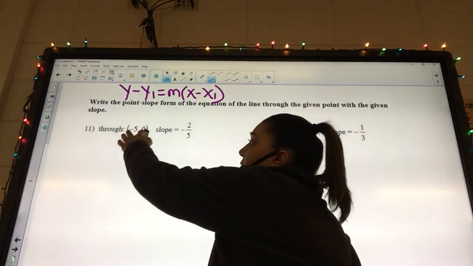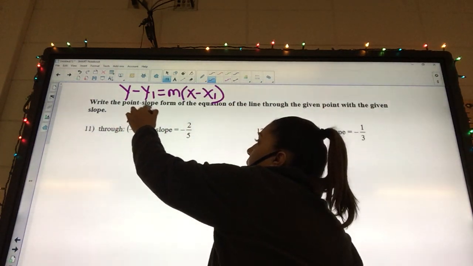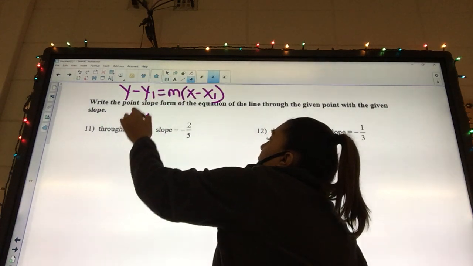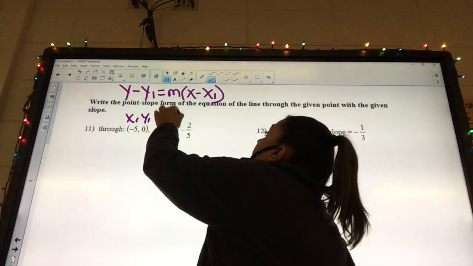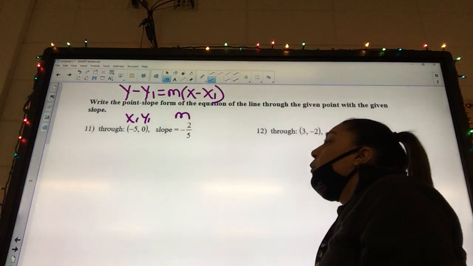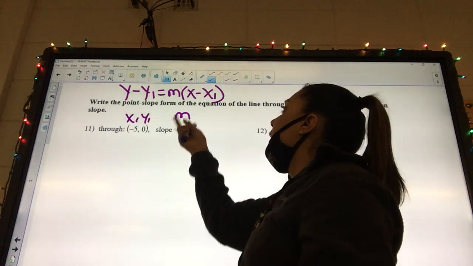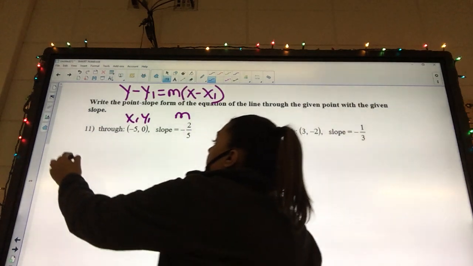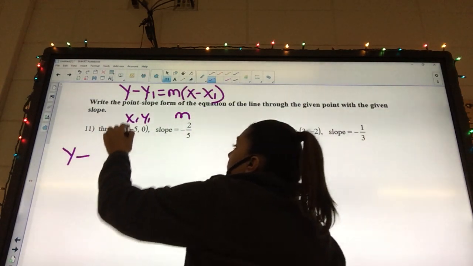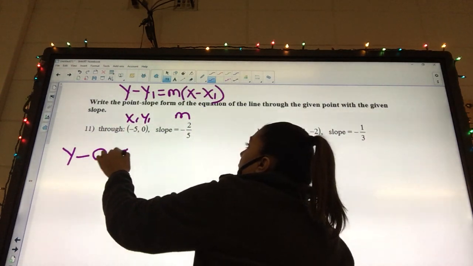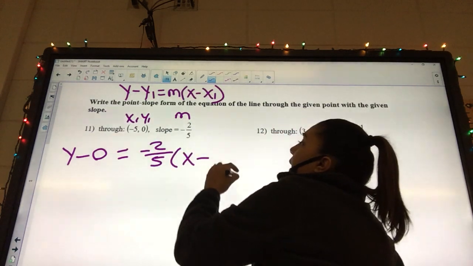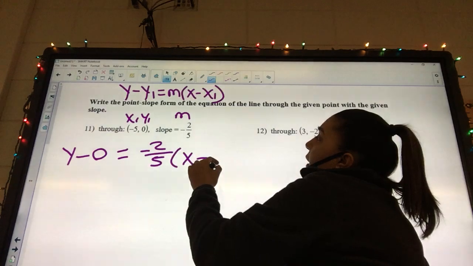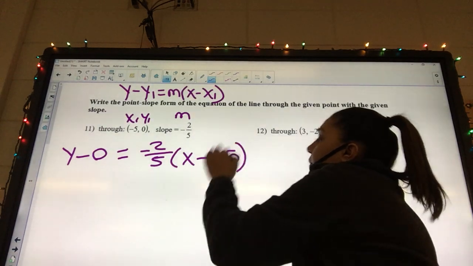Well, anytime we see something like this, we label them. Okay, and then we have to think, well, what letter do I use for slope? M. Okay, and say, well, I've got a point and a slope, so I can go ahead and use point slope. So it's going to be y minus 0, my m is 2 over 5, x minus, x1 is negative 5.